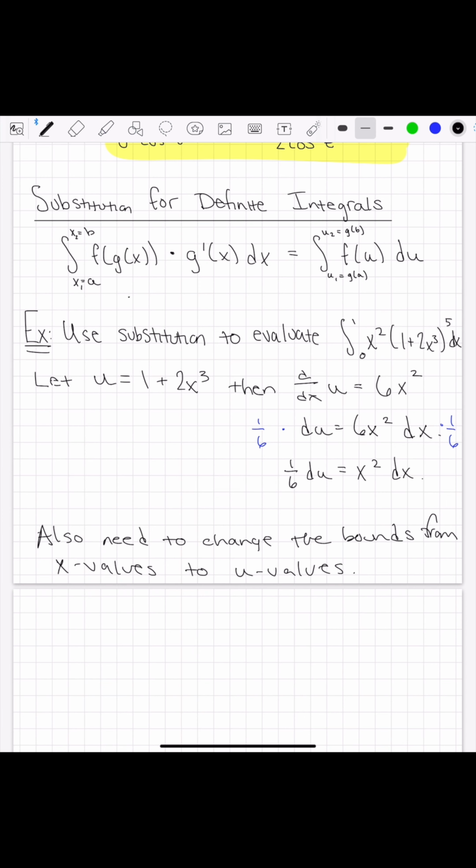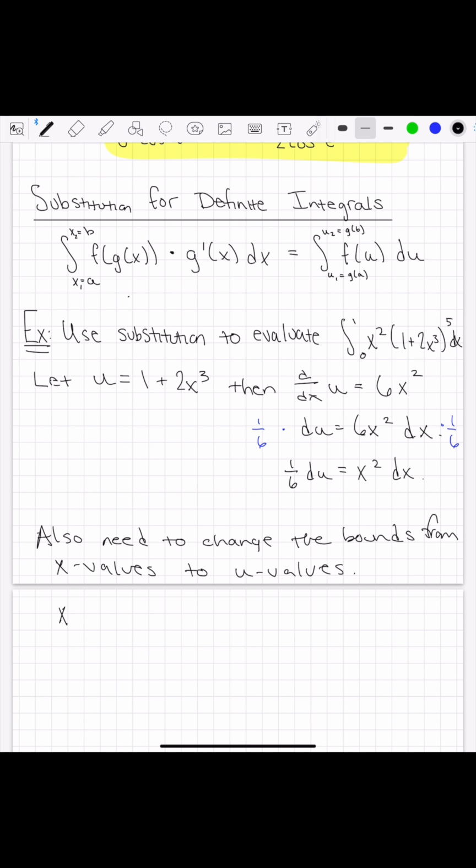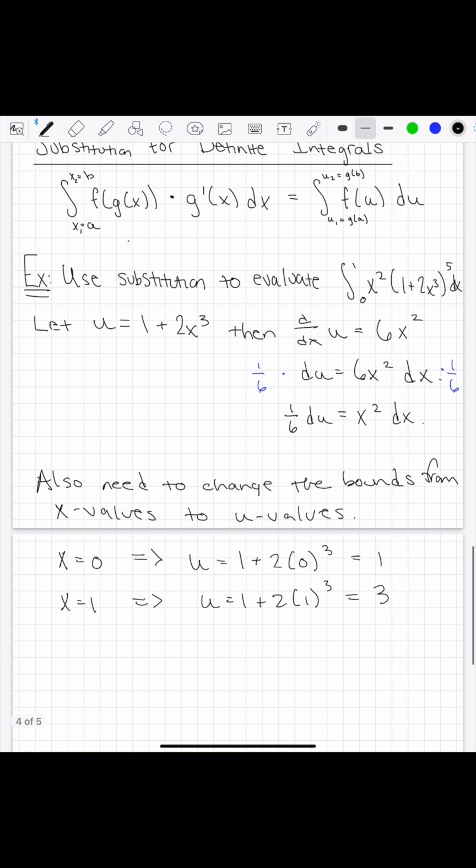Our bounds are 0 and 1, so when x is 0, u equals 1 plus 2 times 0 cubed, and that's just 1 plus 0, because anything multiplied by 0 is 0, so that's just 1. And then when x is 1, u is 1 plus 2 times 1 cubed. So 1 cubed is 1, times 2 is 2, plus 1 is 3.